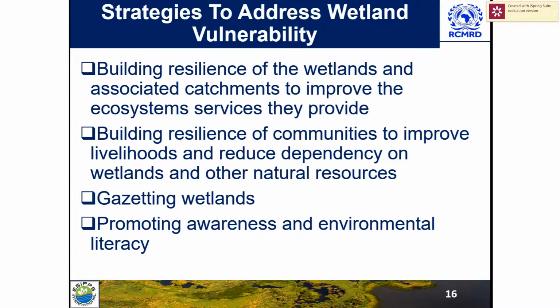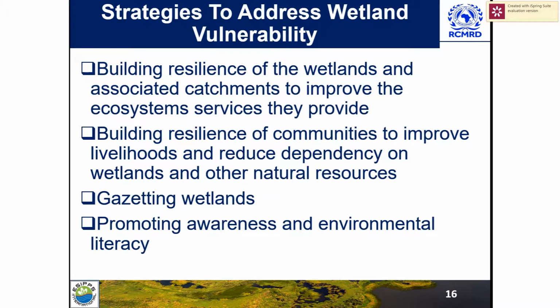Lastly, we want to see some of the strategies that can be used to address the issue of wetland vulnerability. One is to build resilience of these wetlands, associated catchments, to improve ecosystem services they provide. Wetlands, people benefit from wetland ecosystems through the ecosystem services.